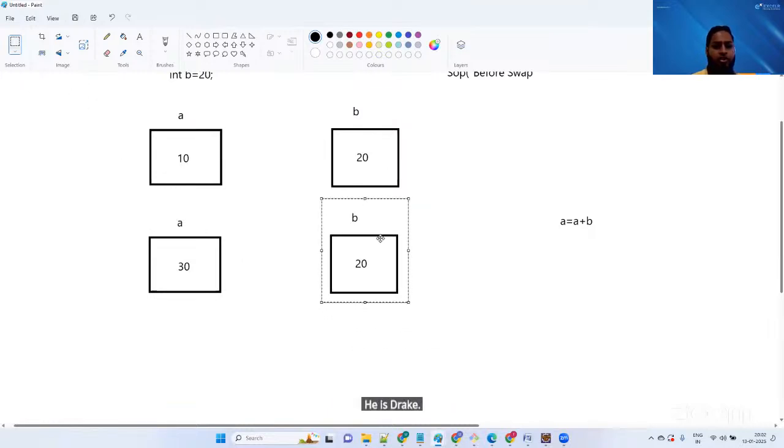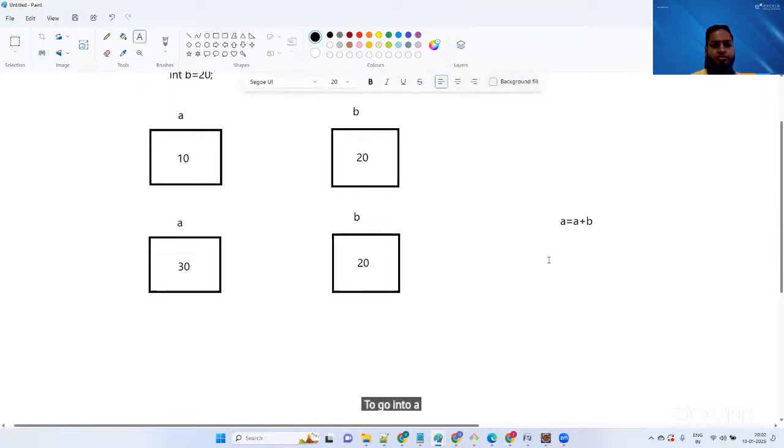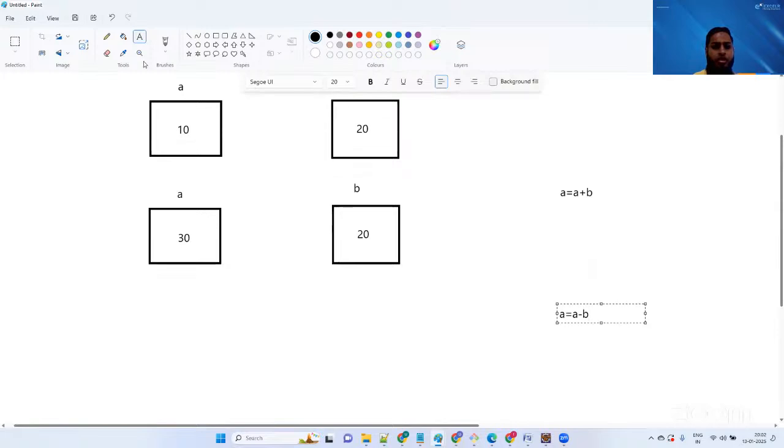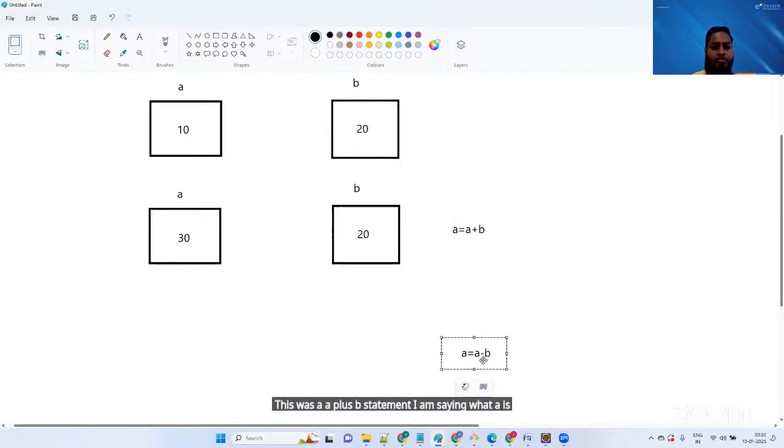Now I want the 20 to go into A. What will I say now? A equal to A minus B. So this was the A is A plus B statement. Now I'm saying A is A minus B. So what happens? 30 minus 20.